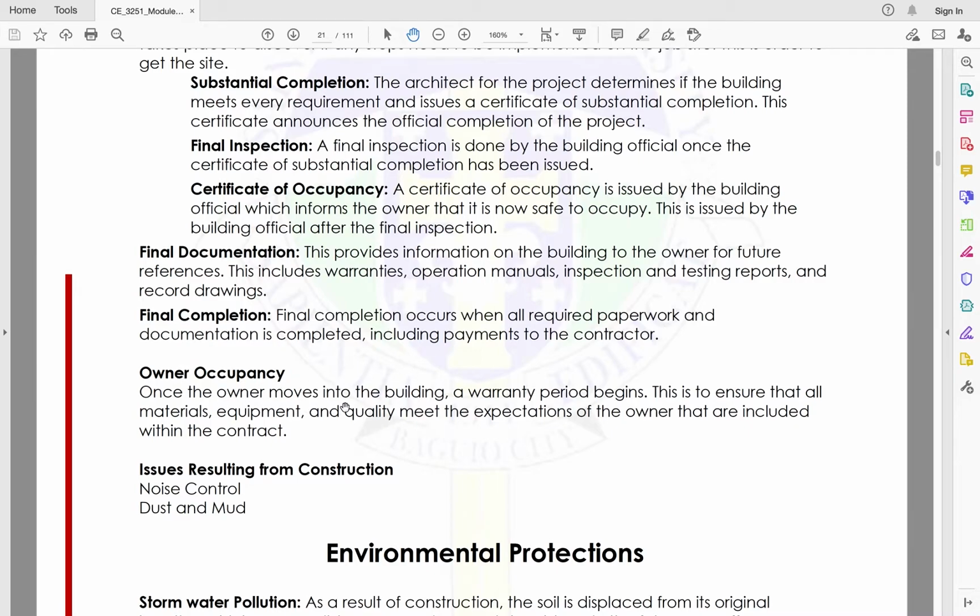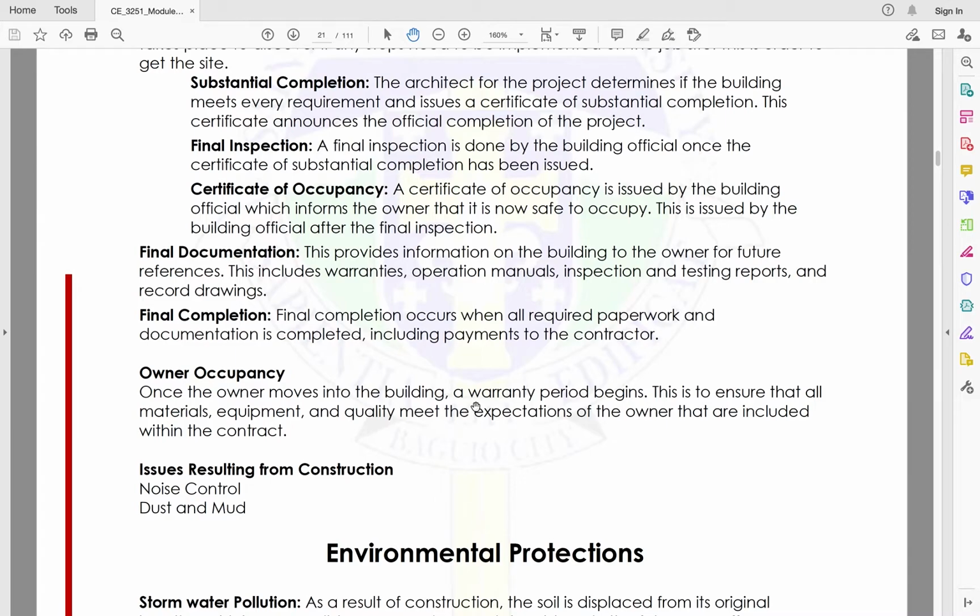Once the owner moves into the building, a warranty period begins. This is to ensure that all materials, equipment, and quality meet the expectations of the owner that are included within their contract. This warranty comes from the contractor's side.